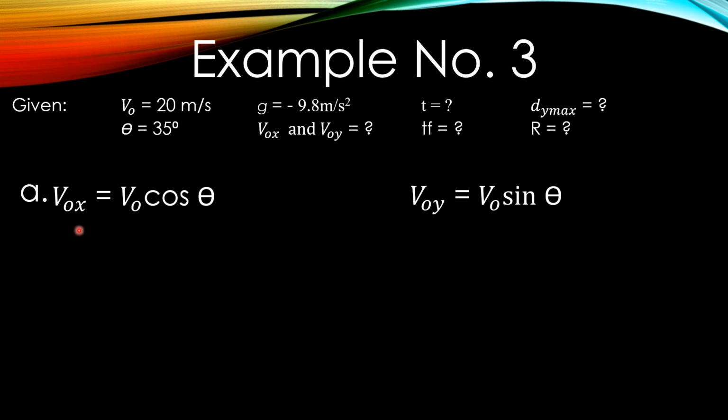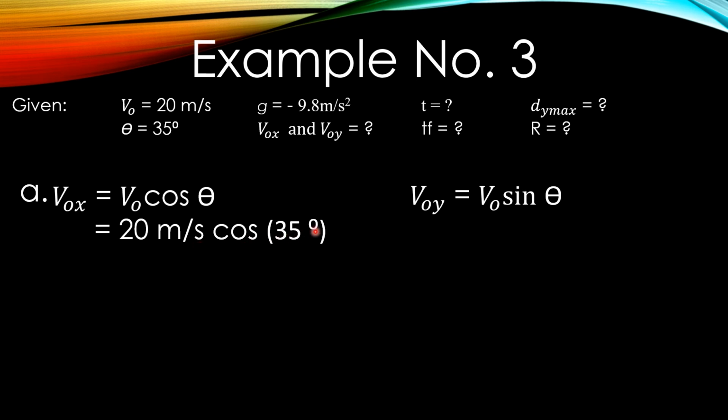For the initial horizontal velocity, we have the formula Vox is equal to initial velocity cosine theta. The value of initial velocity is 20 meters per second based on our given. We also have the value of the angle, which is 35 degrees. Now let's substitute the given. We have 20 meters per second cosine 35 degrees.